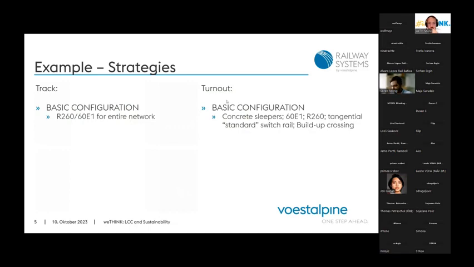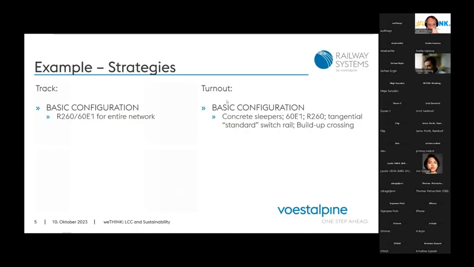I will show you the basis strategy, where the entire rail network is equipped with the R260 rail steel grade and the same turnout configuration. In special turnouts, with concrete sleepers, rail grade R260, a standard switch blade, and a build-up crossing is used in this case for all geometries.